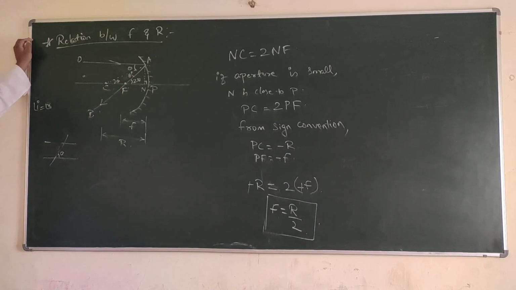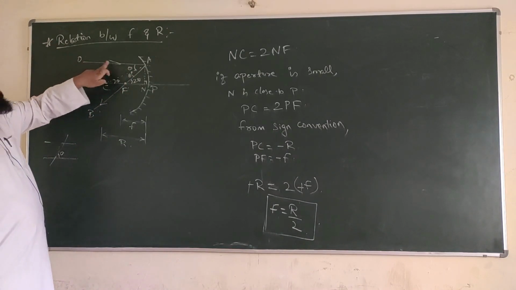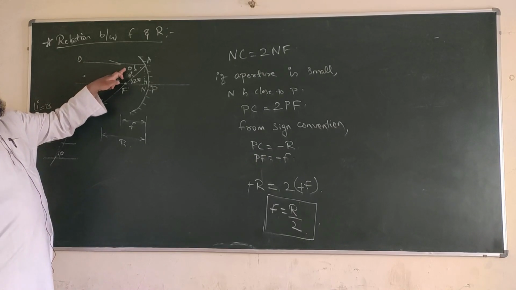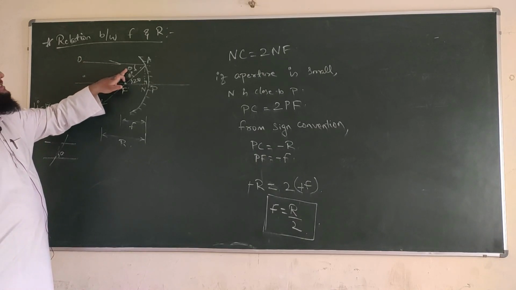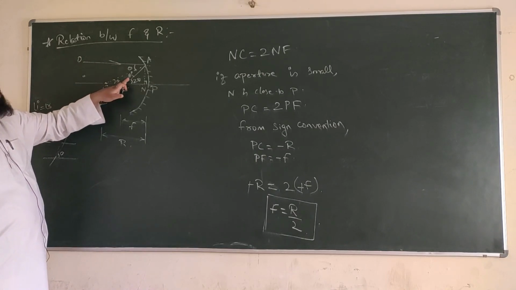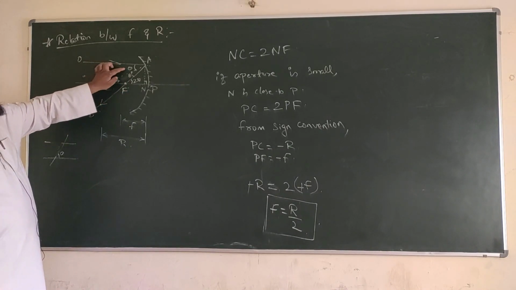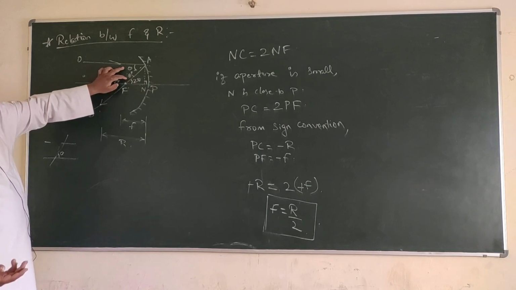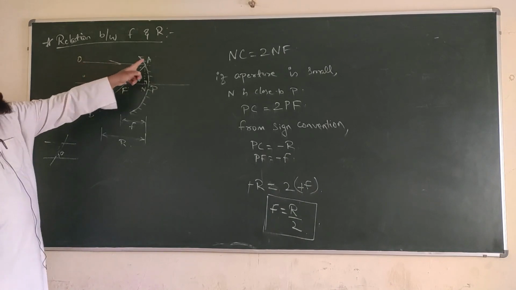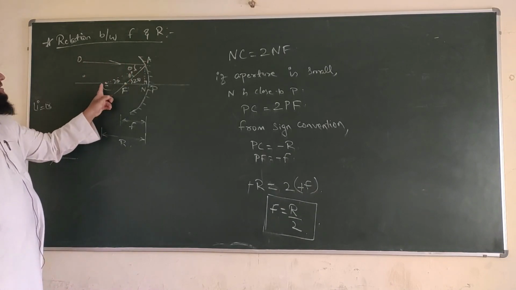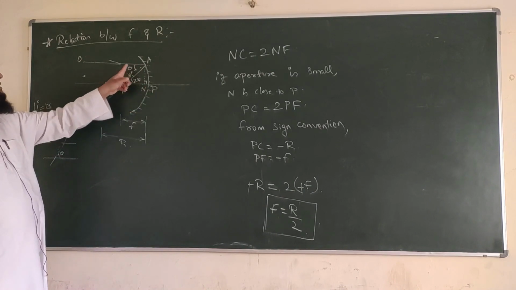So let this angle OAC be the angle of incidence, which I have written as theta. The angle of reflection I have also written as theta. Then from the law of reflection, angle i is equal to angle r, both are equal to theta. Then angle OAC is equal to angle ACP. Why? It is an alternate angle.